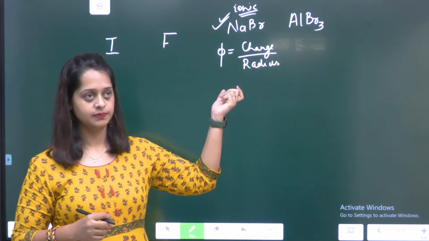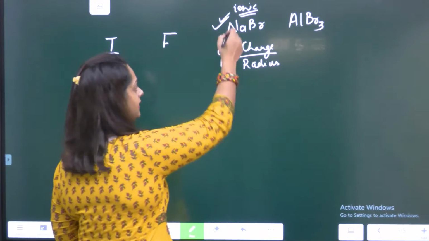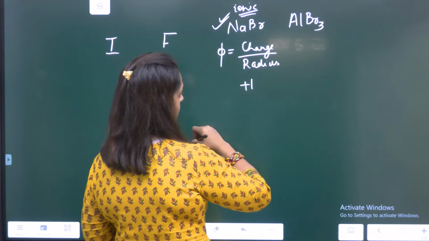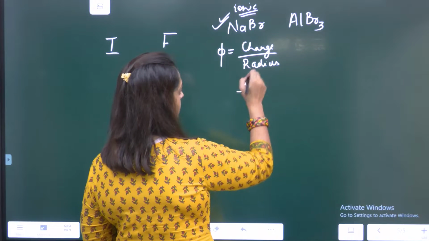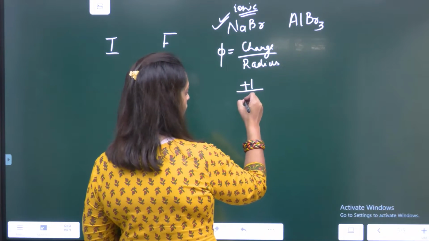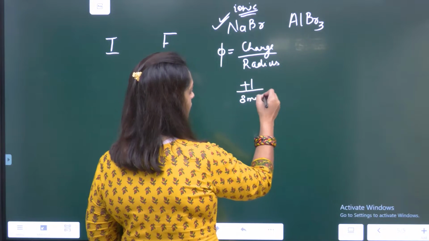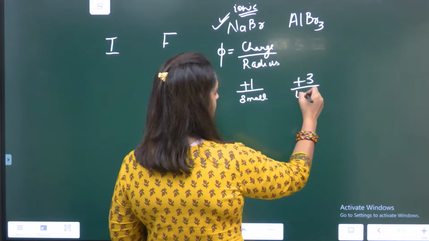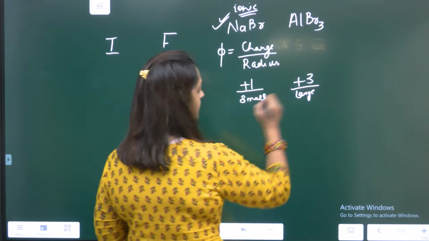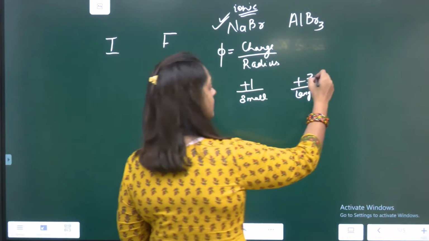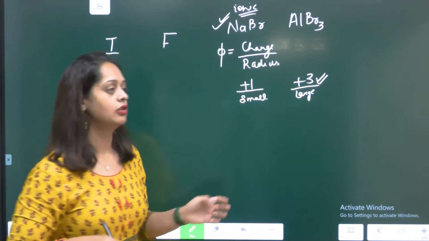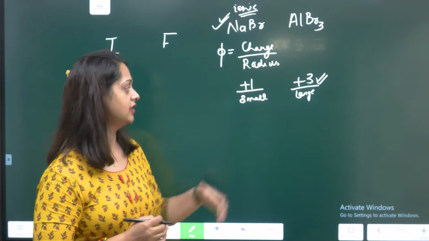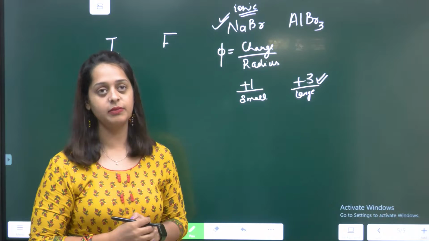Yes, sir. So in the case of sodium, the charge is +1 and the radius is small only. It's a small value in comparison to +3 and a little larger radius. So this has a tendency to diffuse more. That's why it is covalent in nature in comparison to NaBr.